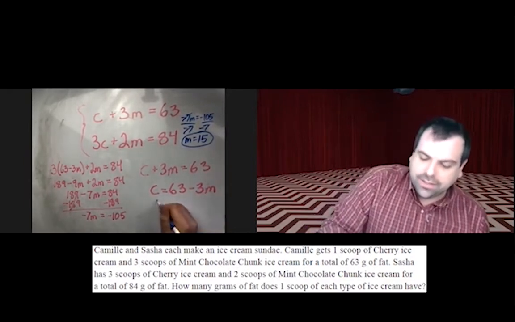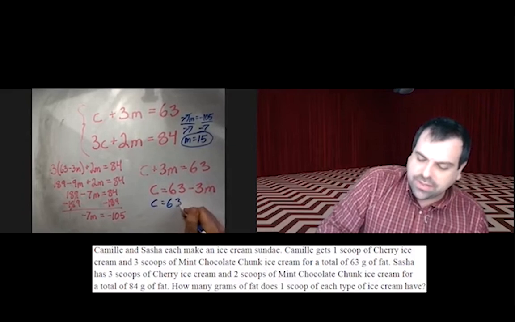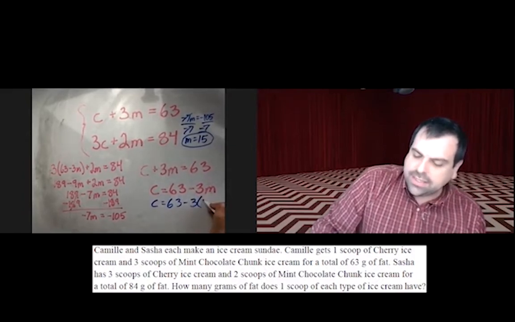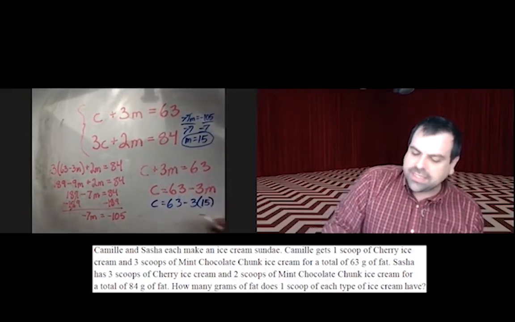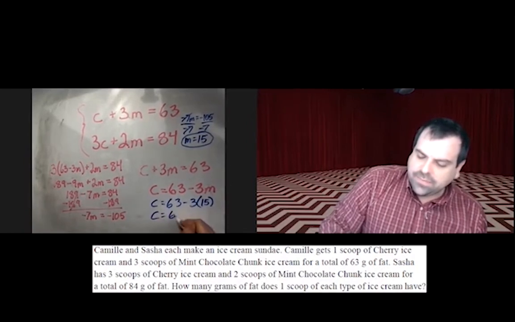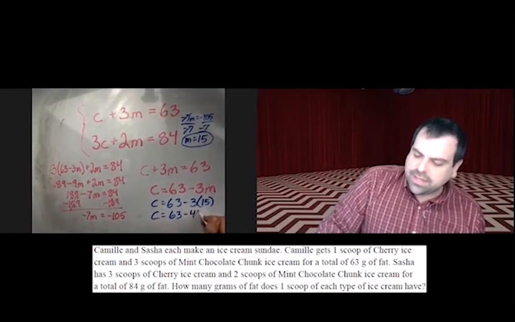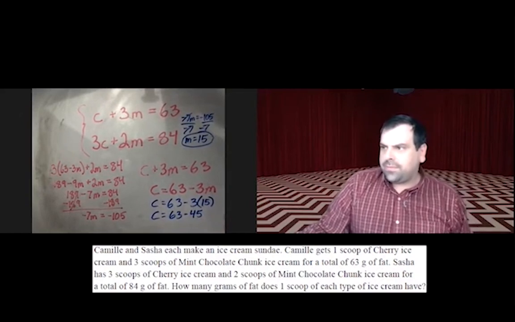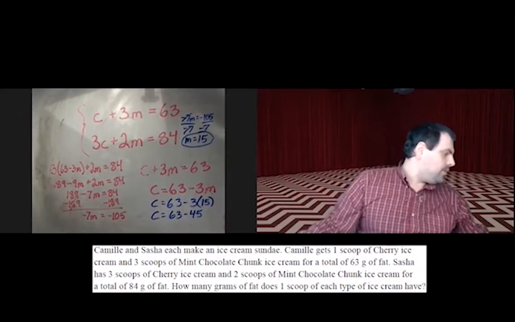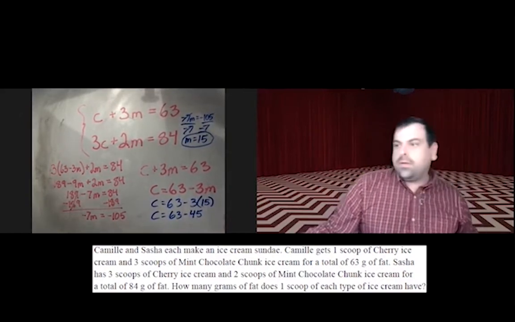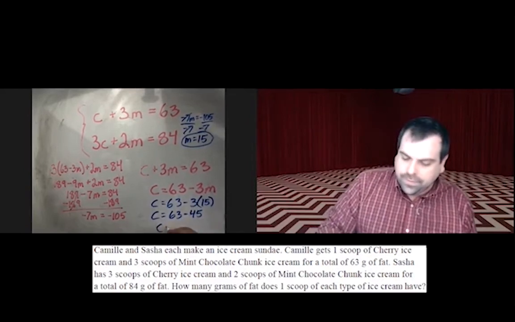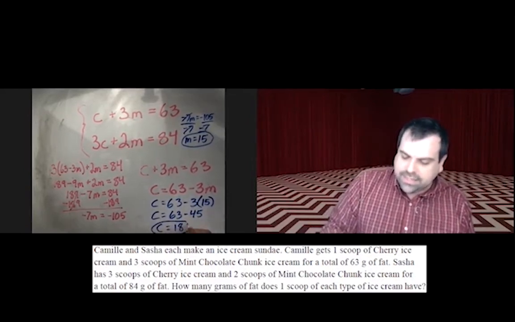Plug that in here. C equals 63 minus 3m. C equals 63 minus 3 times 15. C equals 63 minus 45. C equals 18.